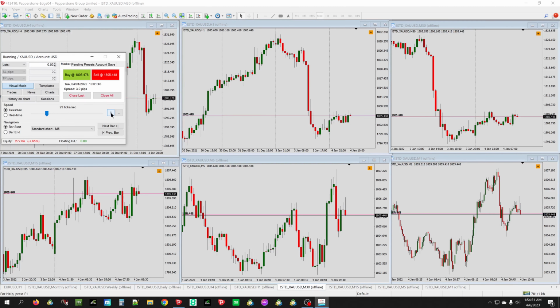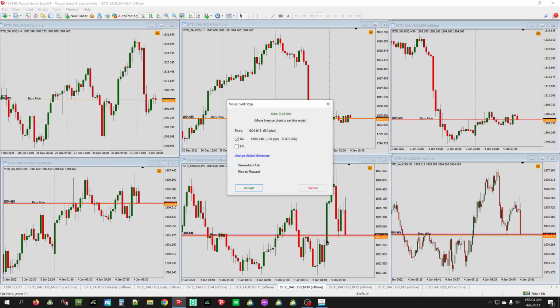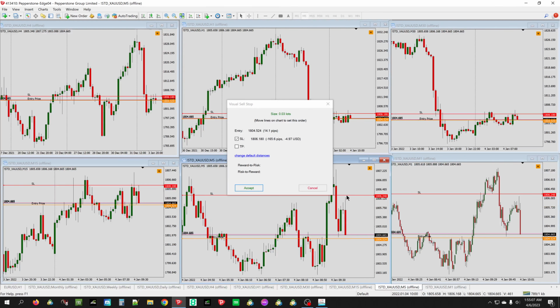Alright, we are pushing down, we are breaking below the important M5 candle range. This is where I will execute a trade, although the volume is very small, but still this trade makes sense.